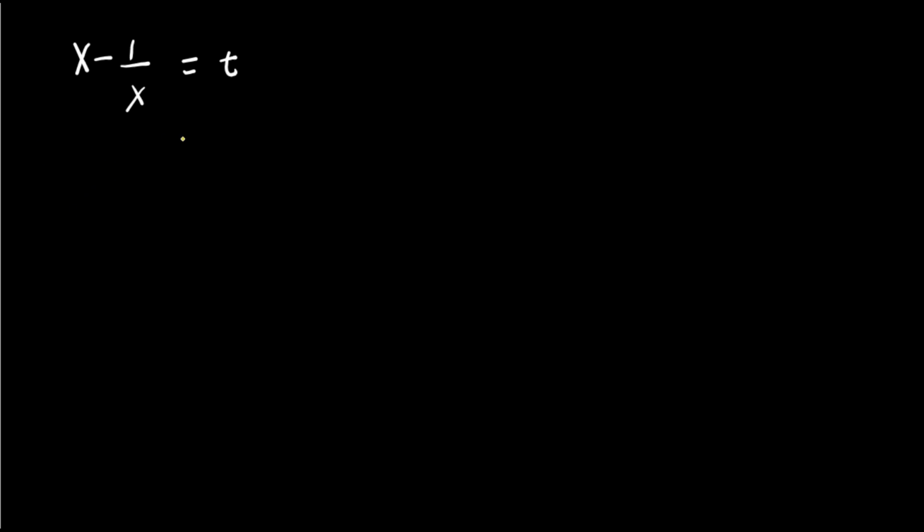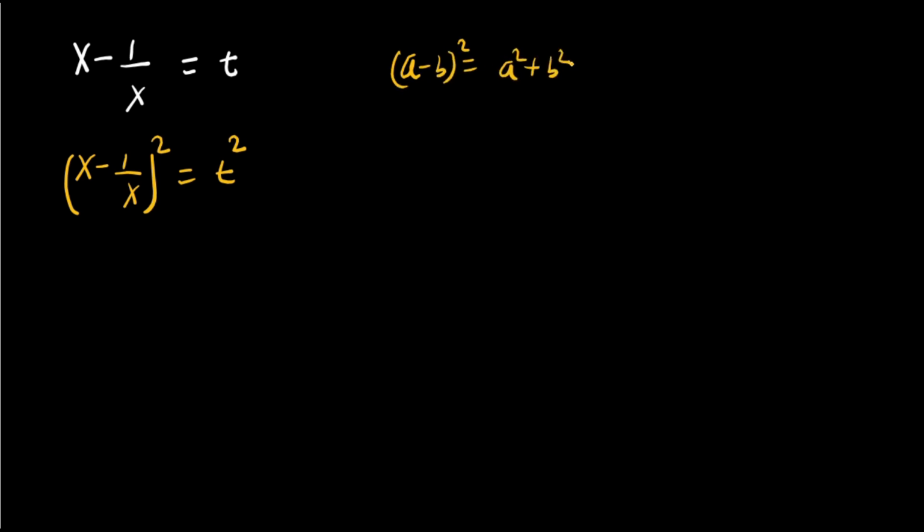Then if we square both sides of x − 1 over x equals t, on the left-hand side we apply (a − b)². We know that (a − b)² is a² + b² − 2ab.